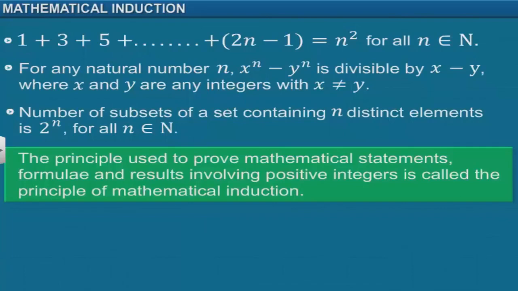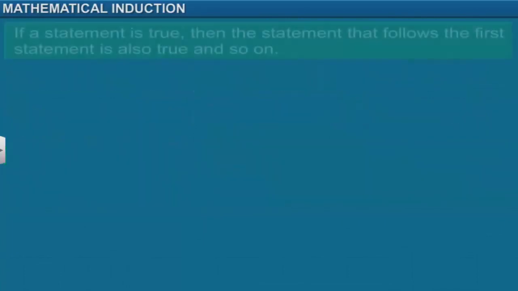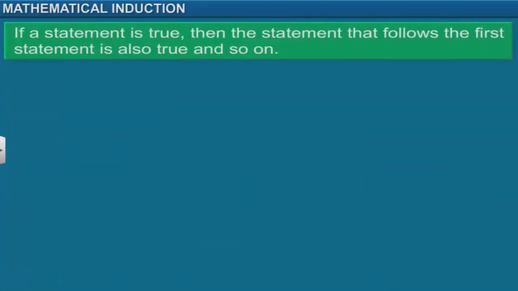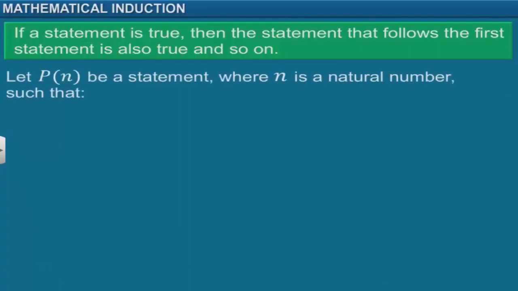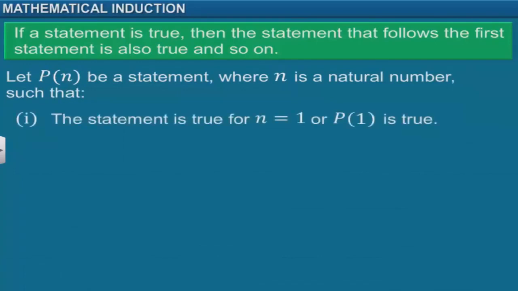To prove mathematical statements through the induction method, we must follow certain principles. The basic principle behind mathematical induction is that if a statement is true, then the statement that follows the first statement is also true, and so on. Consider a mathematical statement P of n involving natural number n, such that the statement is true for n equal to 1.